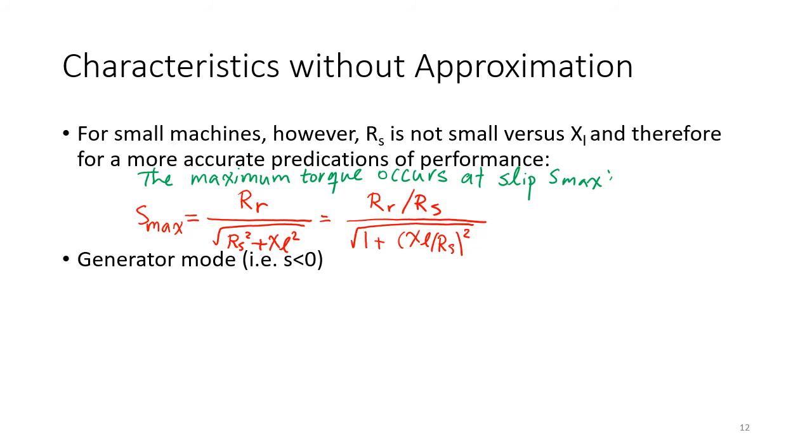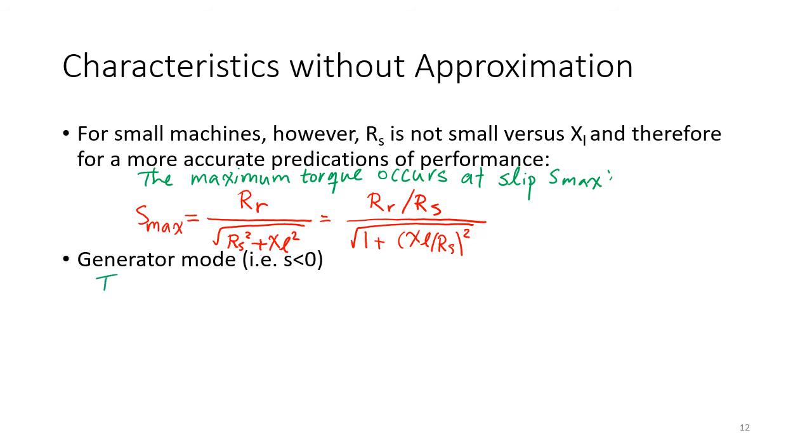The other thing is that now the generator mode and motor mode previously have the same maximum torque. Now the maximum torque are not the same in these two modes. The S max remain the same for both, but the maximum torque will differ.